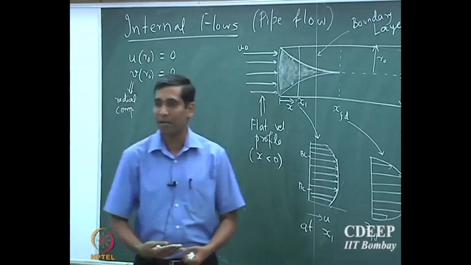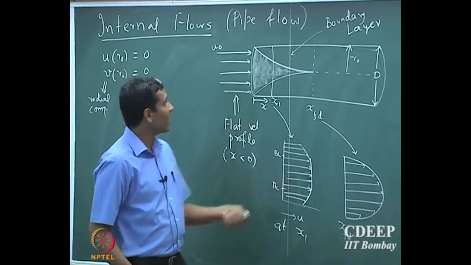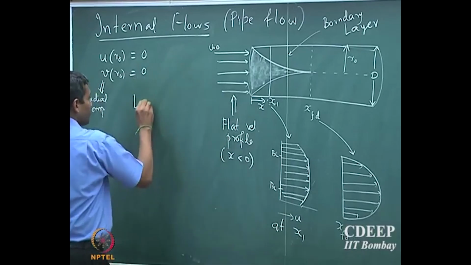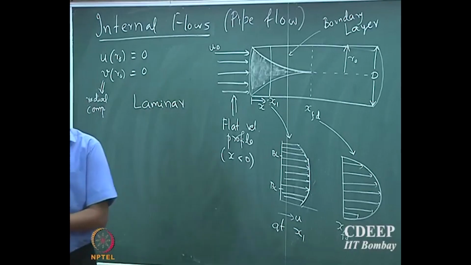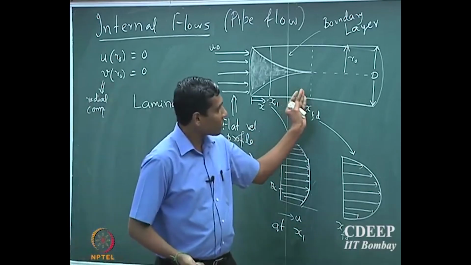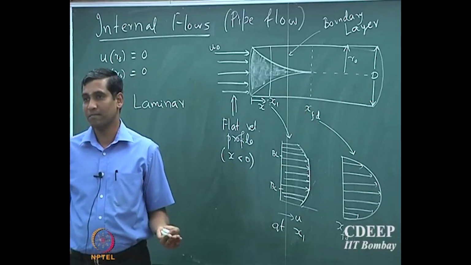If it is a laminar regime or a turbulent regime, the profiles are different. Let us assume that we are looking at laminar profiles. As soon as you cross the fully developed regime, the velocity profile does not change anymore.